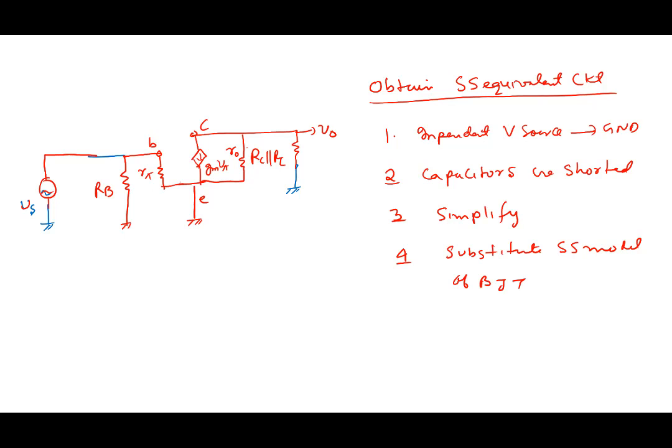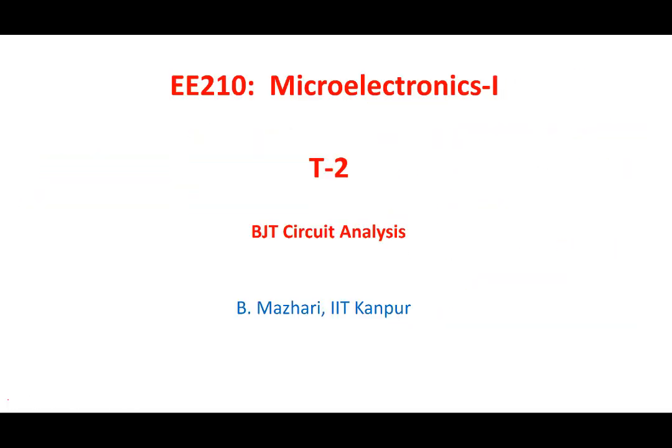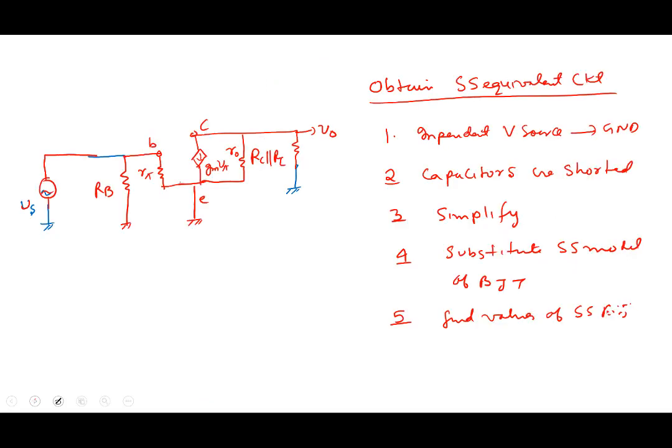Now to proceed further, we need the values of the small signal BJT parameters. We don't know the parameter values.